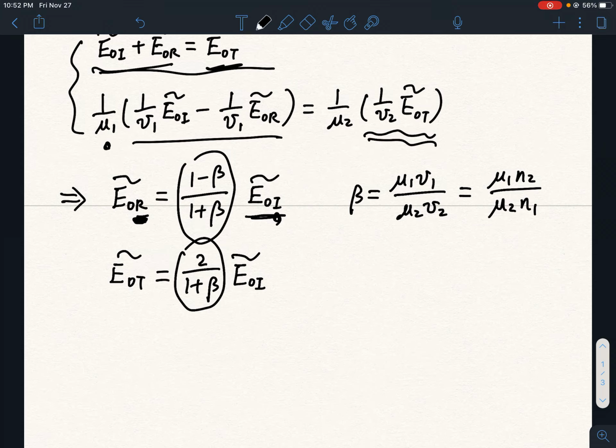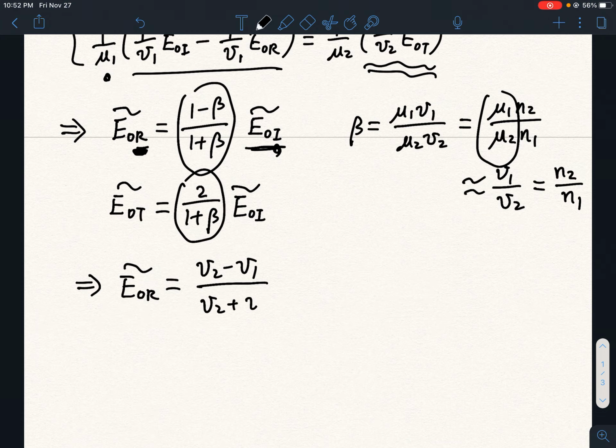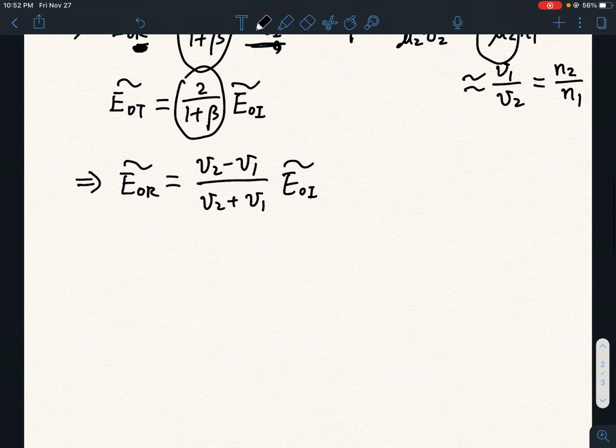And we said that for most cases, μ1 and μ2 are close to each other, so V1 over V2 is equal to N2 over N1. If we do that, we find E0R is roughly (V2 minus V1) divided by (V2 plus V1) times E0I.